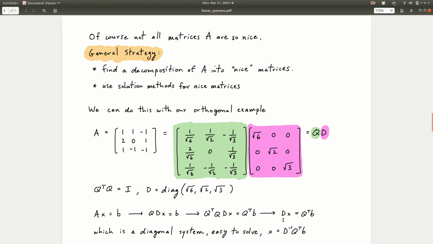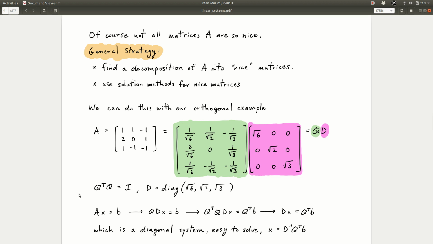And on the left side, we have D X. This X is still unknown, but D is known. So this is like our new A. This is like our new B. And we know how to solve diagonal systems. So we can just get X equals D inverse Q transpose B. Okay, so this is just an example of how you can use matrix decompositions to make your life easier.